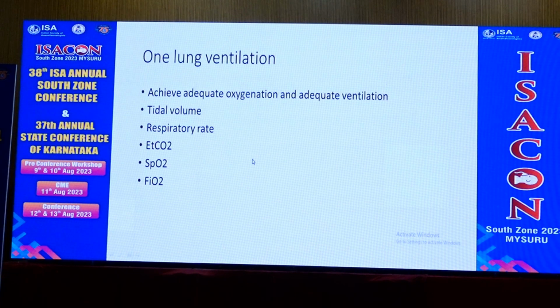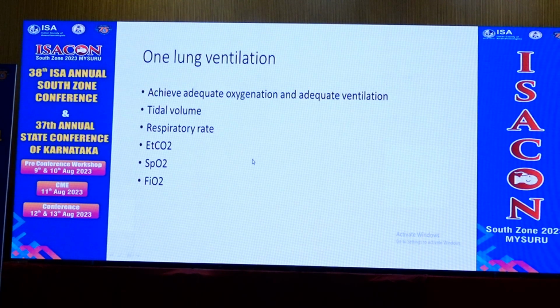If we achieve a respiratory rate around 16 to 20 and tidal volume of 6 ml per kg with EtCO2 of 35 to 45 mmHg, peak airway pressure not more than 35 centimeters of water, and SpO2 more than 92%, then one lung ventilation is properly achieved.